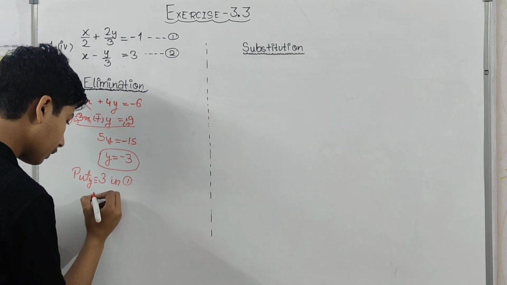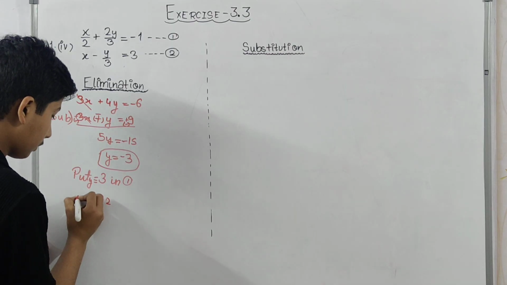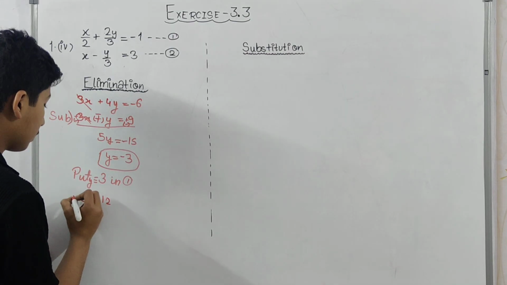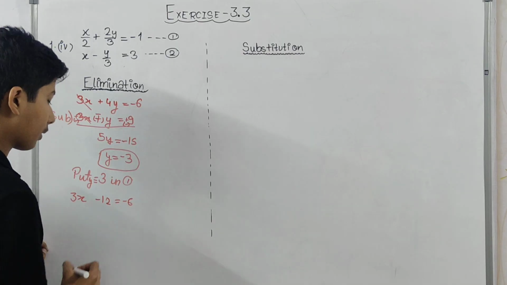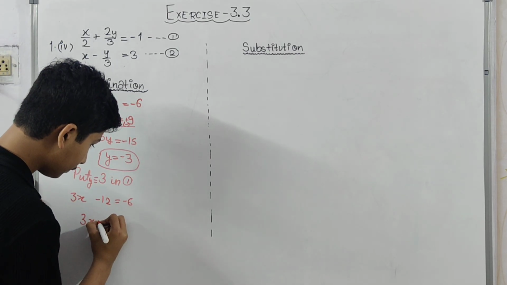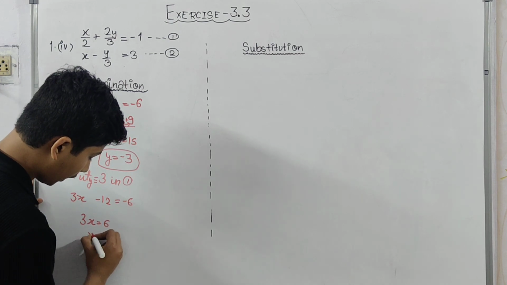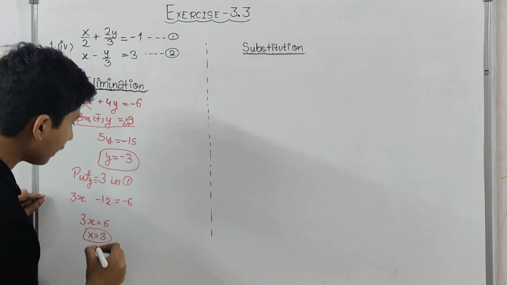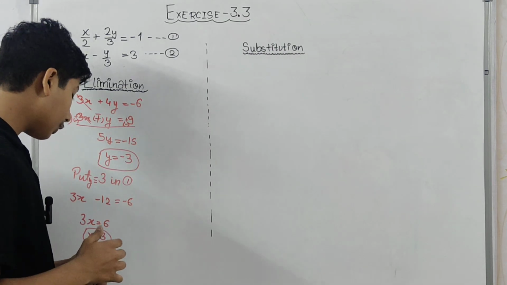So here, minus 3 into 4 is minus 12. 3x minus 12 equals minus 6. So 3x equals 6. x equals 2. x equals 2 and y equals minus 3. I hope this is clear.